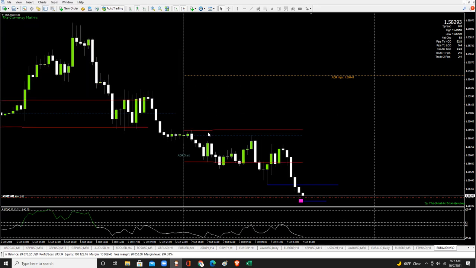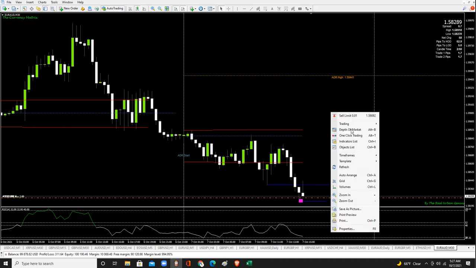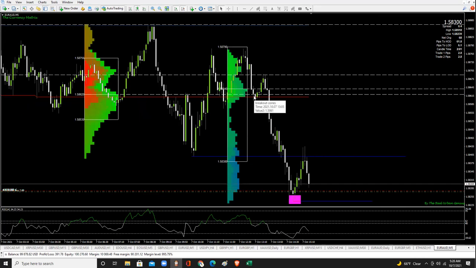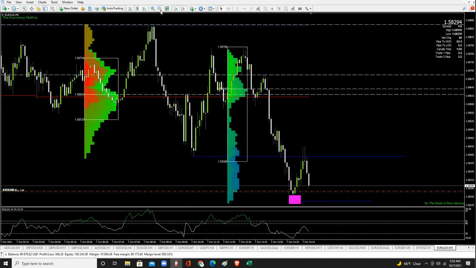Here's the Asian range. Yeah, I re-entered this Euro Aussie today. I re-entered this morning. Again, here's the Asian range.